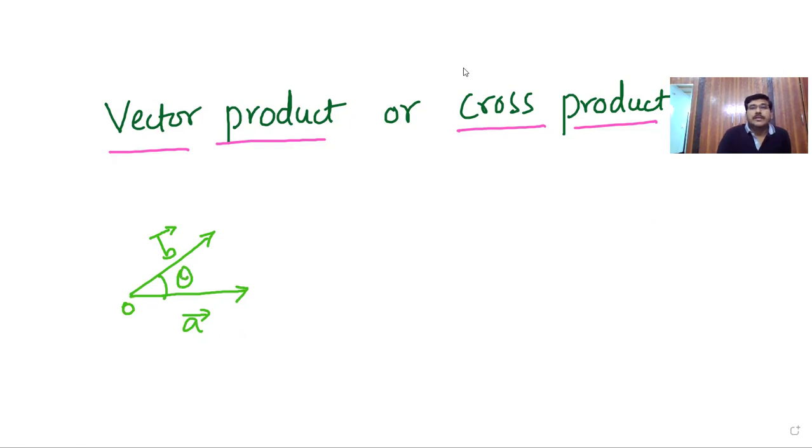Then the vector product of A bar, or the cross product of A bar, cross is the notation. A bar cross B bar, the vector product of A bar and B bar.